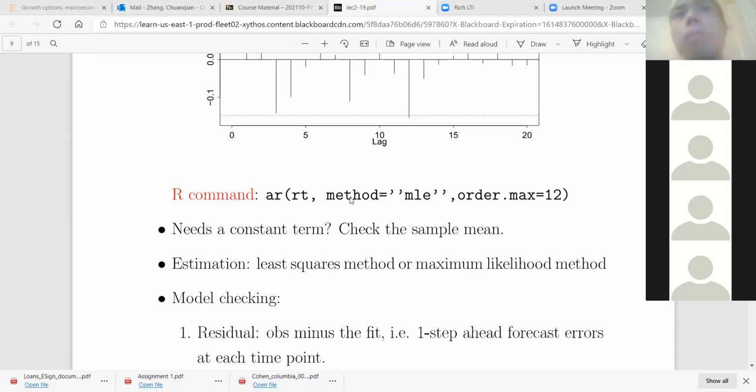I'm telling your computer, the R software, that I want to use the MLE method to estimate the coefficients of the model. This part is probably the most difficult and important. We need the estimates of the coefficients for the AR models, and this is the so-called maximum likelihood estimation. This method is different from the least squares we use for traditional regression. It is another way, called maximum likelihood estimation, and it is actually more interesting.